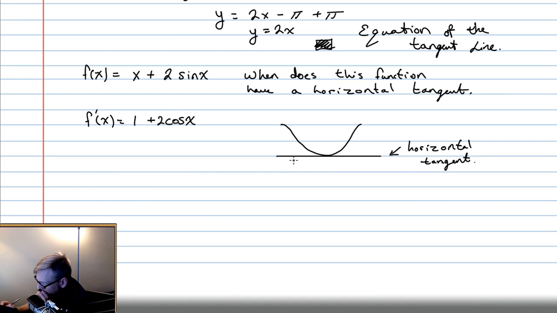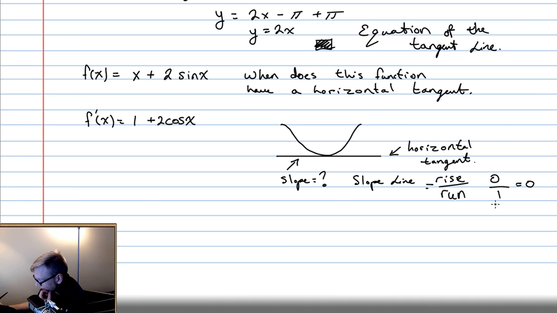And what is the slope of a horizontal tangent? Well, remember, the slope of a line is rise over run. So it's not rising, so the rise would be 0. And the run is any number, really, say 1. Which gives us 0. So 0 slope.